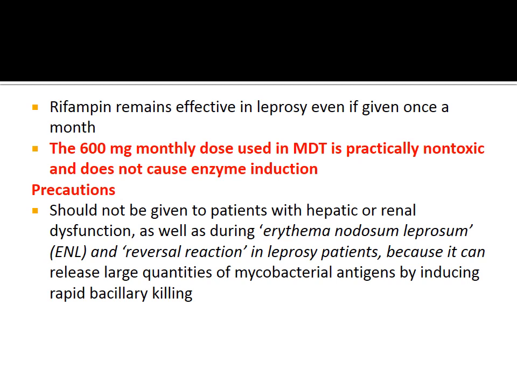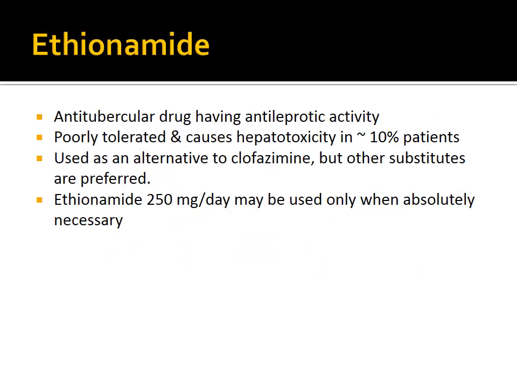So mostly the reversal reaction or type 1 lepra reaction occurs because of delayed hypersensitivity to these mycobacterial antigens. So never give rifampicin in patients of type 1 and type 2 lepra reaction. We can start after the reactions.